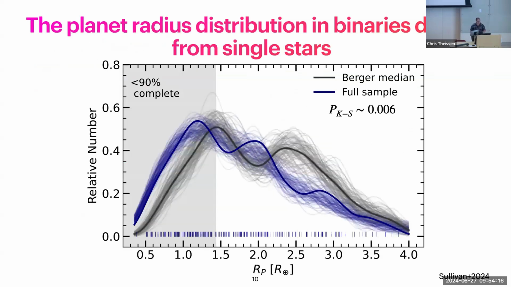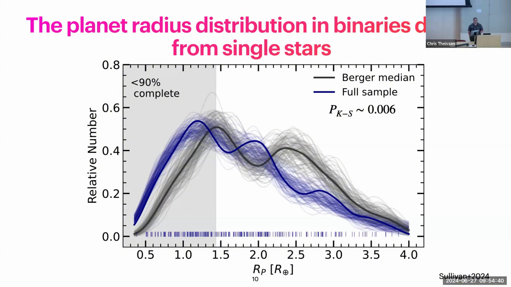So the first thing we wanted to check is what is the planet radius distribution in binaries marginalized over the binary separation. You're going to see several versions of this plot with slightly different samples. This plot is showing the relative number of planets. So this is not occurrence rates. This is just observed planet distributions and showing the planetary radius.